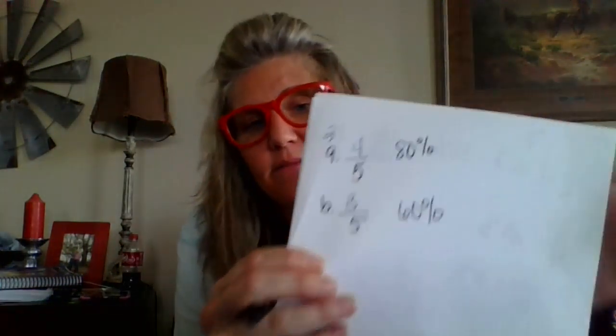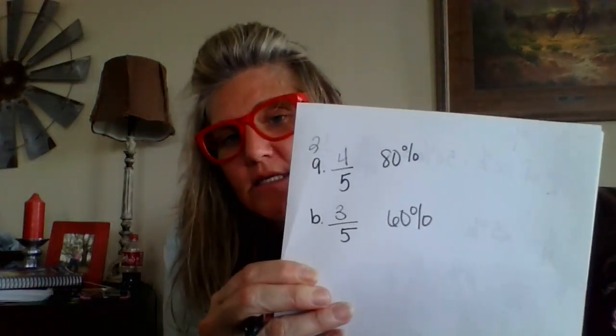So you have 3 out of 5 of those shapes that have right angles, and that is 60%. 60% of those shapes have right angles. Okay? I'll let you do the rest yourself.